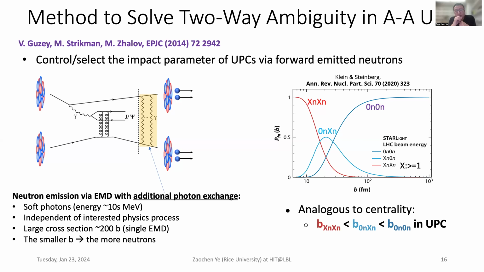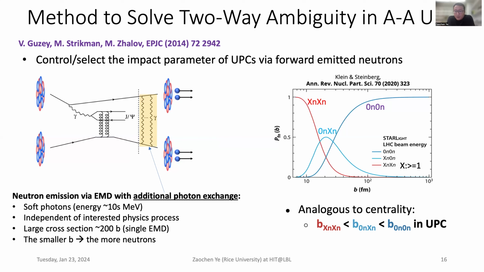And the second point is that for the photon flux calculation, the uncertainties can come from the knowledge of the nuclear radius and the skin depth, and also from the uncertainty of the photon-neutron absorption cross sections, which actually come from the experimental data, as you mentioned.